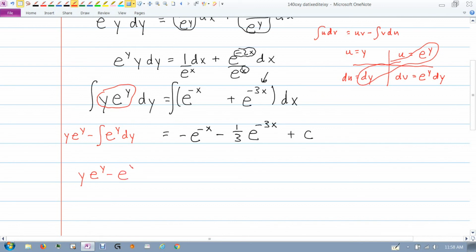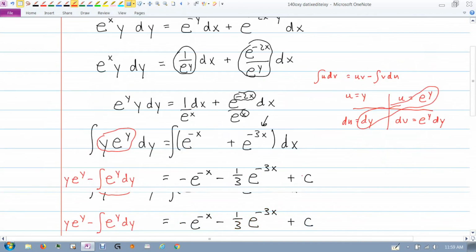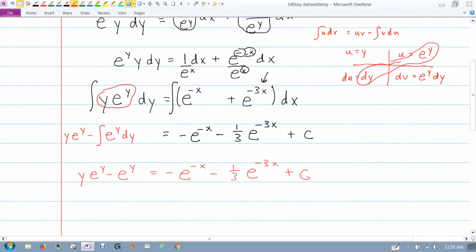So we've got that, and then equals negative e to the negative x minus 1/3 e to the negative 3x plus c. Okay, so what number was this? 14. Let me just check this. So y e to the y minus e to the y, and then e to the x, 1/3. Yep, okay, we're good.